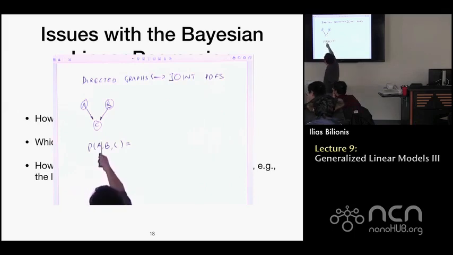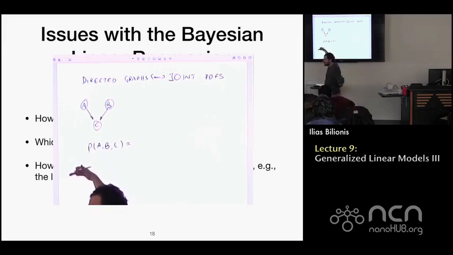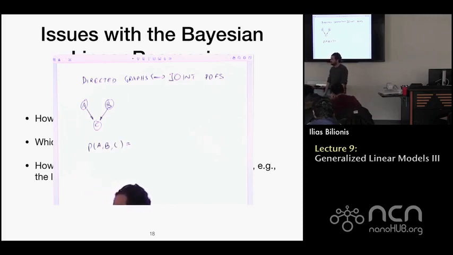This is interpreted as follows: C depends on whatever values A and B have. Or if you want to interpret it causally, A and B happen before C, and they kind of cause C. So it means that if only B happens, then C cannot happen.